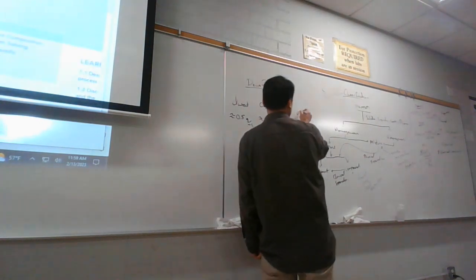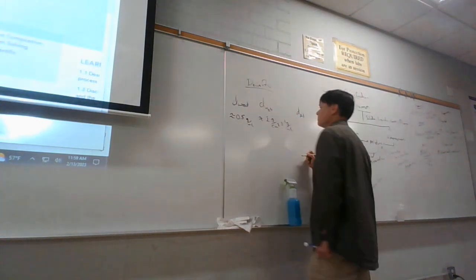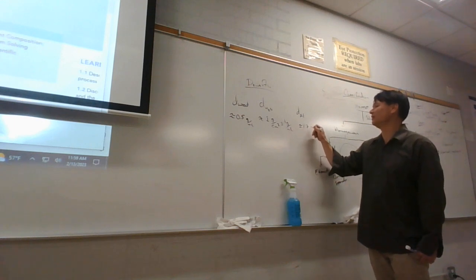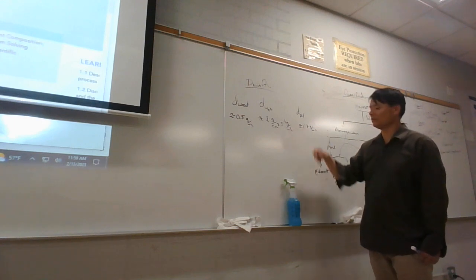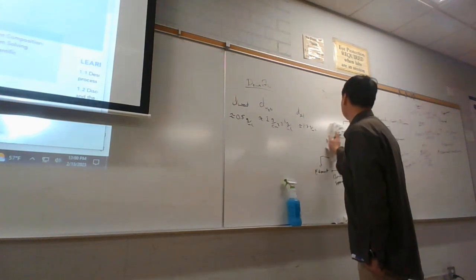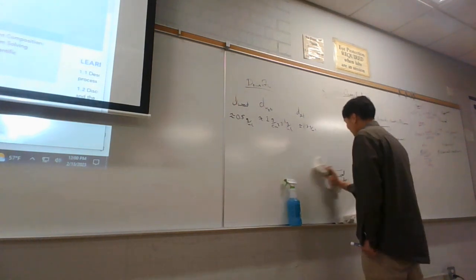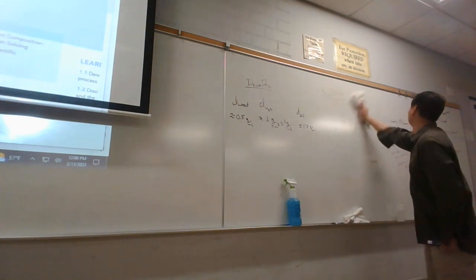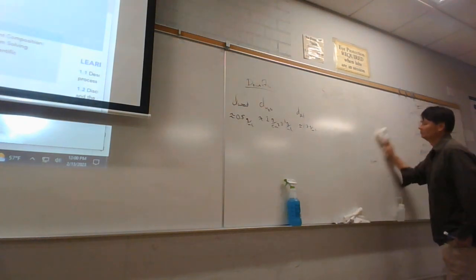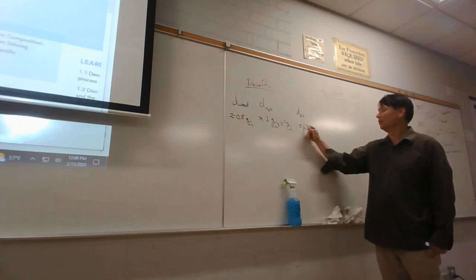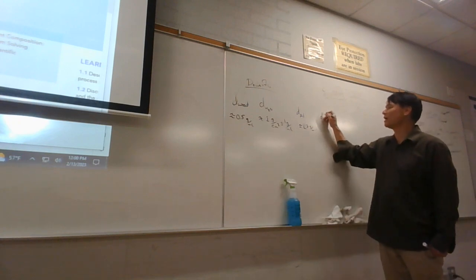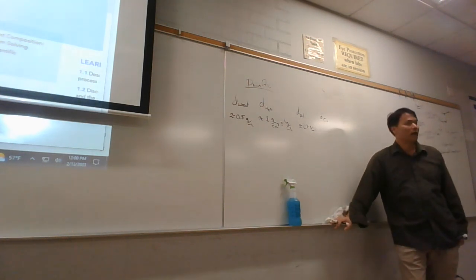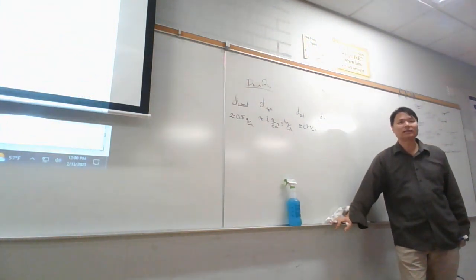The density of aluminum is about 3 times heavier than water, around 2.7 grams per milliliter. You might know the density of copper. If you had Chem 4 here, you might know it. 8.9, does that sound right?